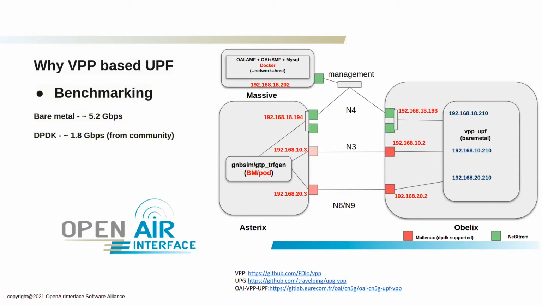As I said, the performance is better. We tried to do some benchmarking with VPP. Here we took 3 servers in Massive. We have the core network deployed, in Obelix we have VPP UPF, and in Asterix we use some traffic generator, which is gNodeB sim or some script, to generate GTP traffic.